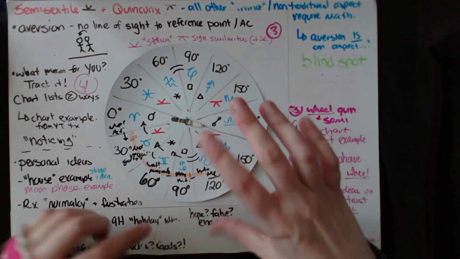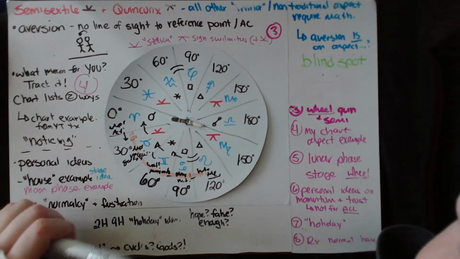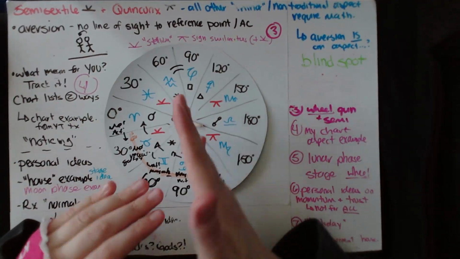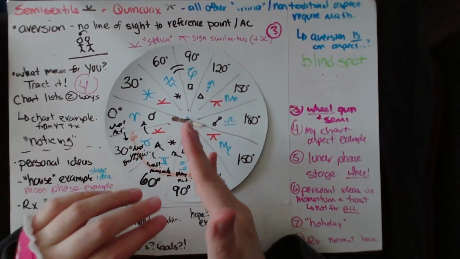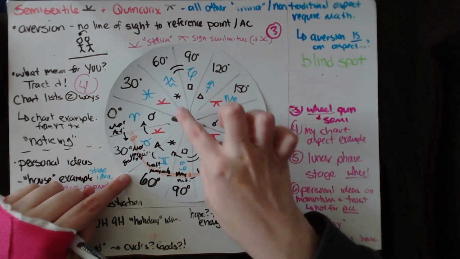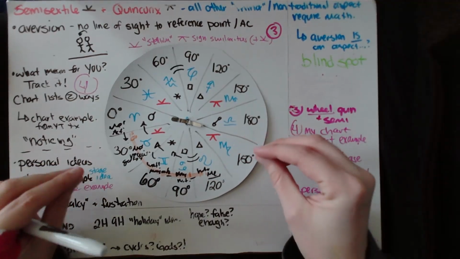So that's one way to look at it. Another way that can be fun is to look at what's similar between them, and whether that's why they have this little friction piece, where we talk about how signs of the same modality, the square and the opposition, have friction because there's too much similarity.